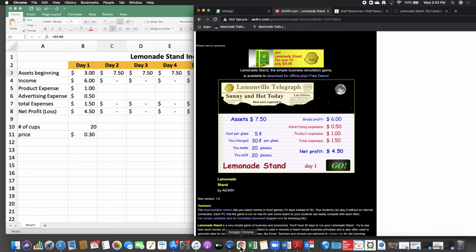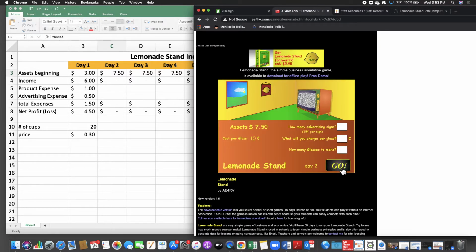So for day 2, I'm going to go to Go, look at the forecast. Now guys, if the forecast is ever rainy, you don't have to do anything. You could just say, make glasses 0, advertising signs 0, charge per glass 0. Okay, so it costs 10 cents per glass, and it's cloudy.